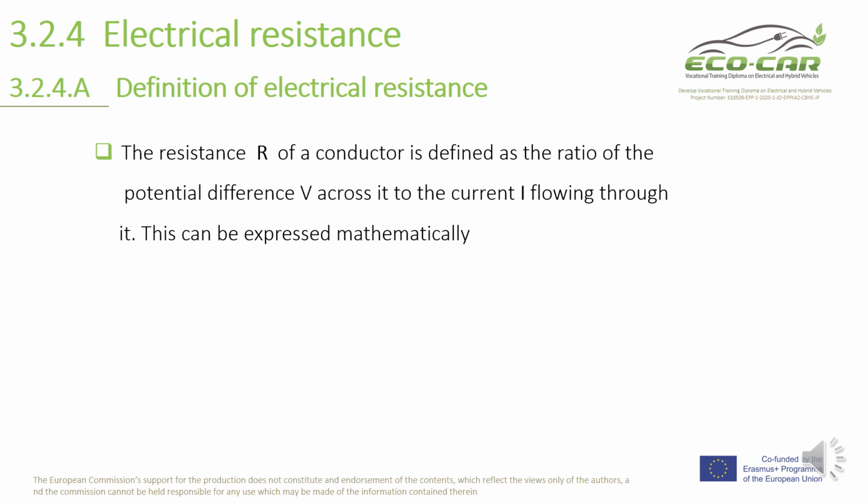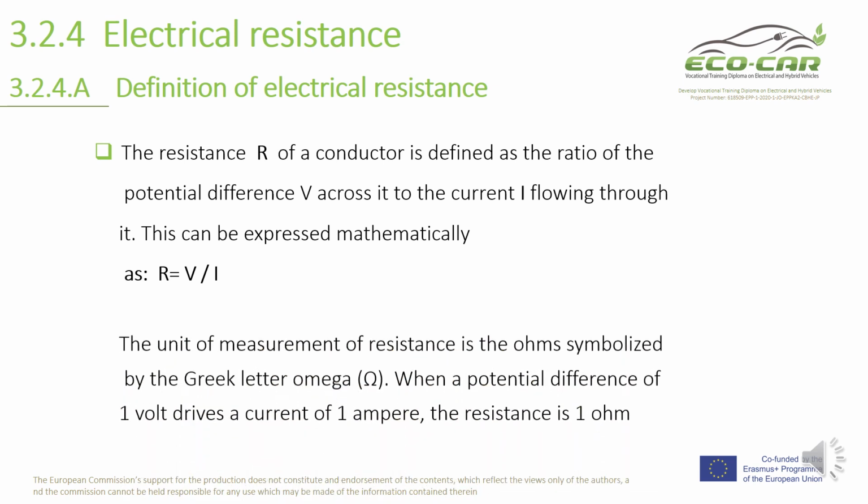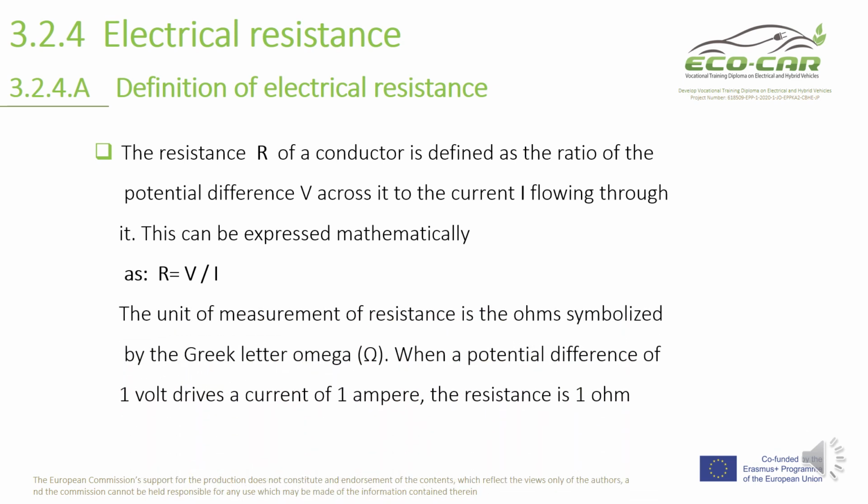This can be expressed mathematically as R equals V divided by I. The unit of measurement of resistance is the ohm, symbolized by omega. When a potential difference of 1 volt drives a current of 1 ampere, the resistance is 1 ohm.